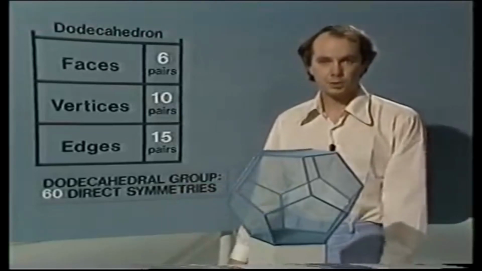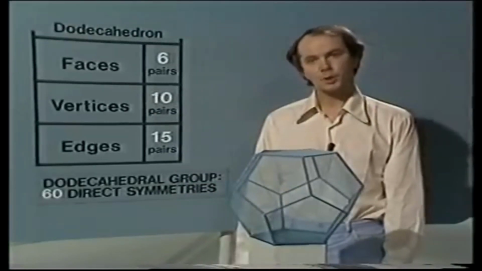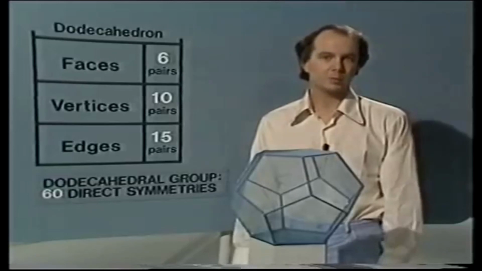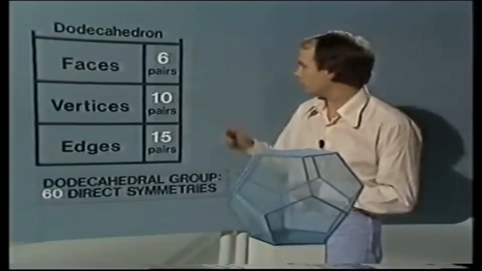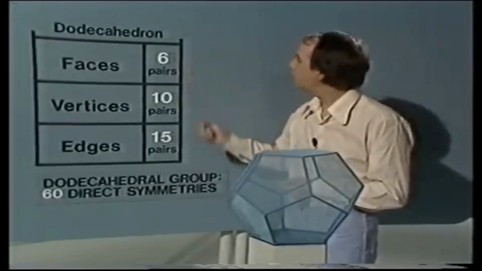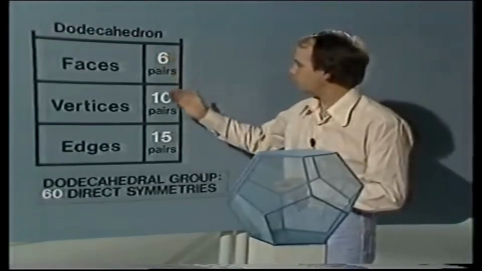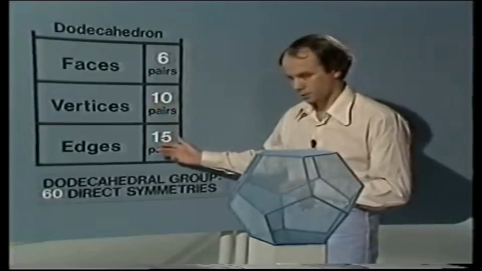Now what are they individually? We'll find in fact that each element can be realized by a single rotation about a particular axis. And it turns out that the axes of rotational symmetry fall into just 3 geometric types. Those through pairs of faces, pairs of vertices, and pairs of edges.